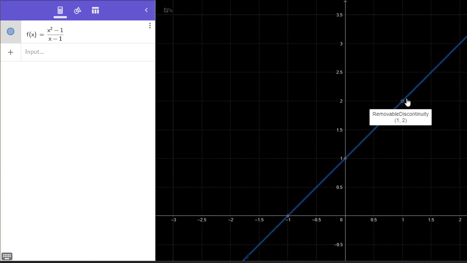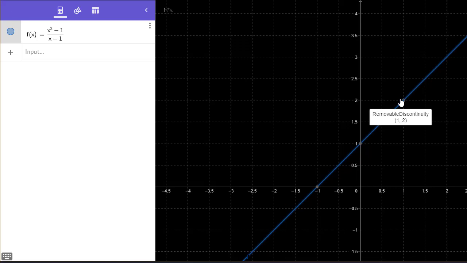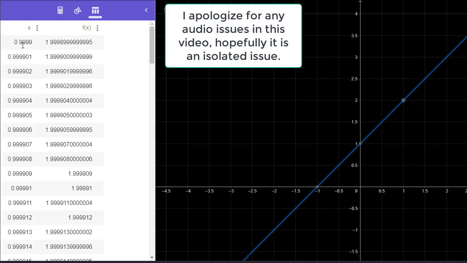That means there is a hole here at the point 1, 2, which we should know because when we plug in 1, we get 0 over 0. We get undefined.